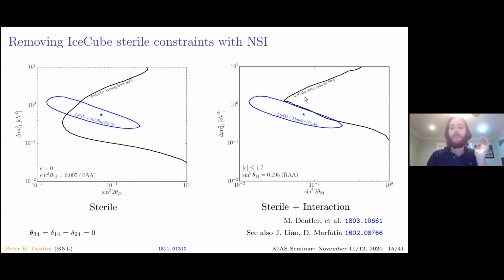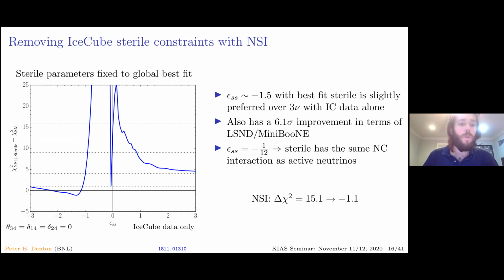Also, I'd like to point out that there's another paper investigating some similar things, but without a model to fully explain it. So here is the significance as a function of this epsilon parameter, where I'm marginalizing over those sterile parameters.